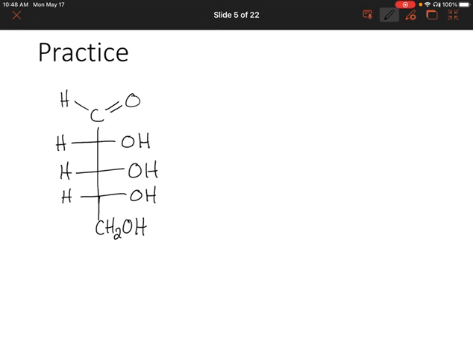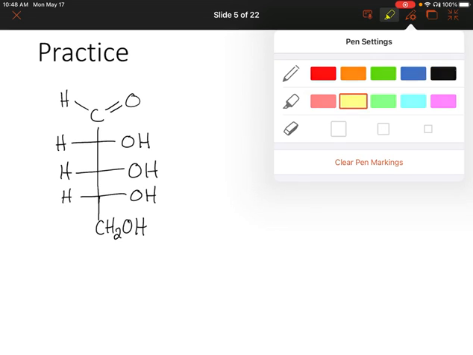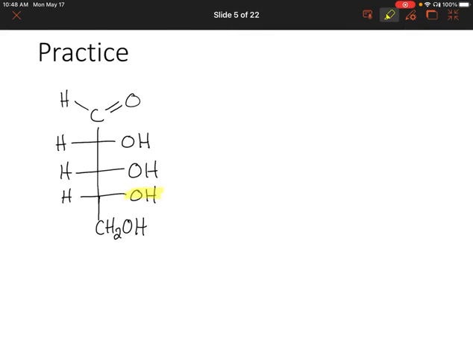Okay, so I gave you some more carbons here and some more OH groups. So you might be wondering, which OH group do I look at? Well, you're always going to look at the OH group that is just above the last carbon there. So it's always going to be that last OH group on the Fischer projection.